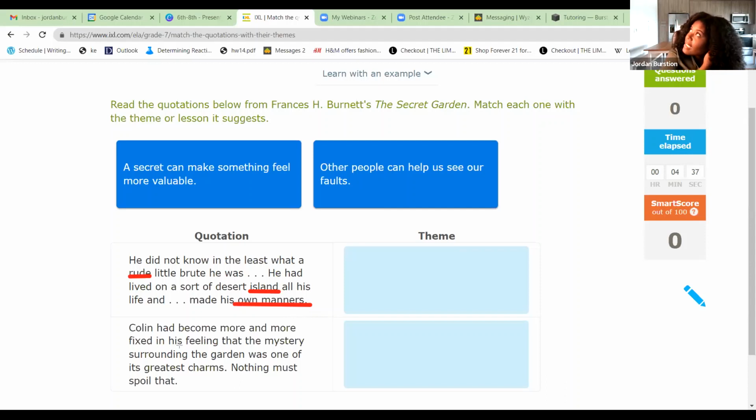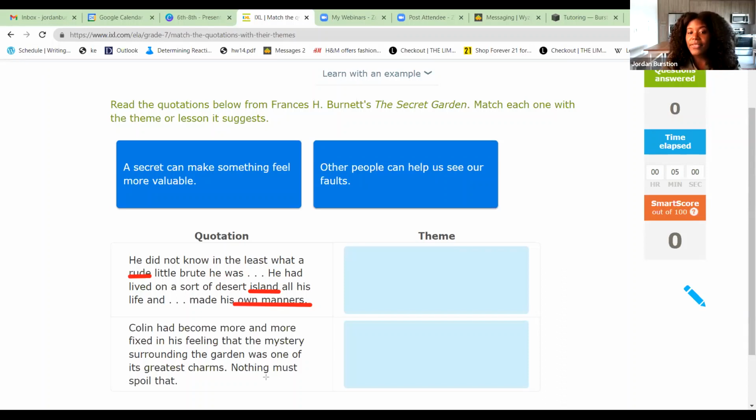That means he became even more stubborn. His feelings became even stronger. And this part, that the mystery surrounding the garden was one of its greatest charms. So he said the fact that no one knew about the garden was one of the reasons he liked it so much, and he wanted nothing to spoil or ruin that.